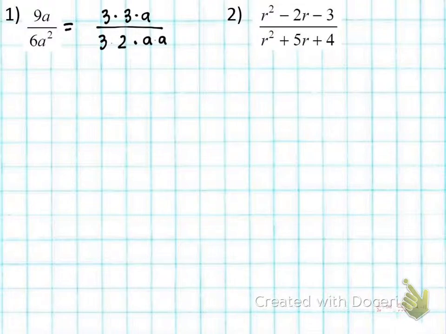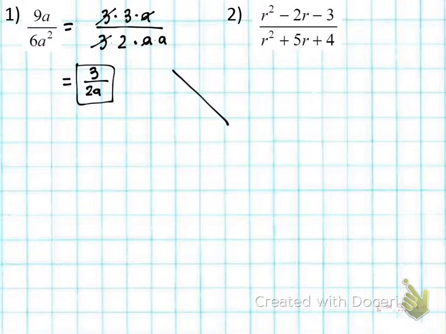Now I notice my two 3's are a common factor, so I cross those out. I also have a pair of a's in my numerator and denominator, so I can cross those out. All I'm left with is 3 over 2a. There's one more step we'll talk about on Monday, but for today, this is all we're doing. So that's number 1. Any questions on number 1?